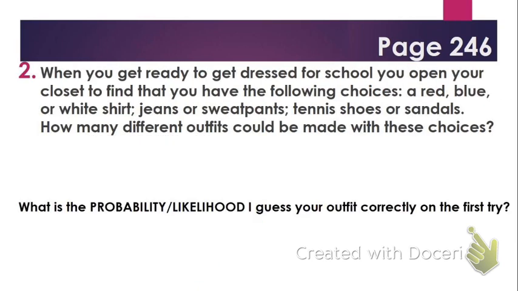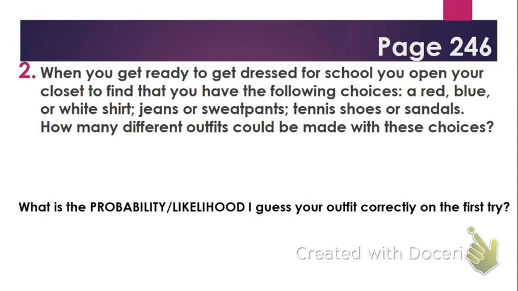When you get ready to get dressed for school, you open your closet and find out that you have the following choices: a red shirt, a blue shirt or a white shirt, jeans or sweatpants, tennis shoes or sandals. How many different outfits could be made with these choices? 12. Tell me how you got there.